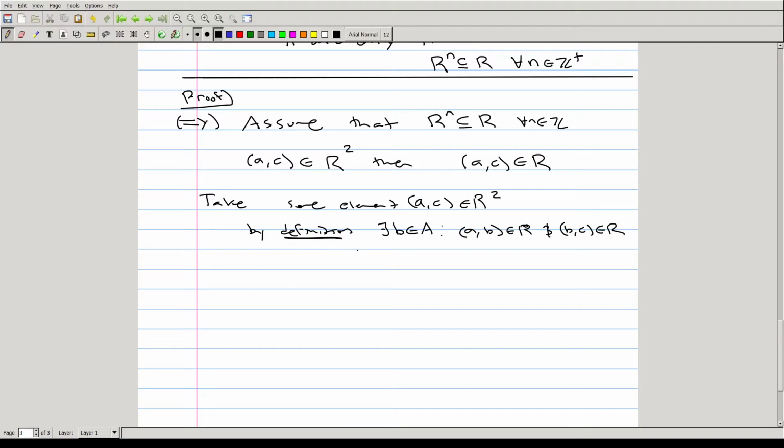And this is by definition of the composition, the set R squared. Therefore, R is transitive. So this completes the first part of the proof.